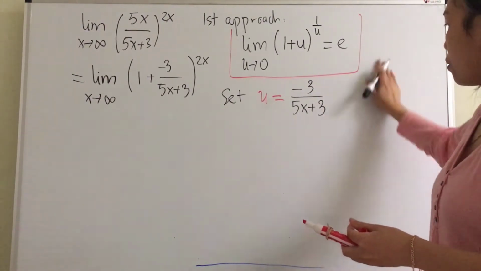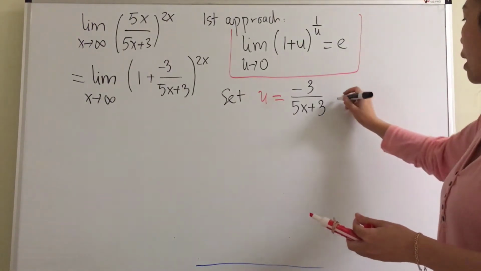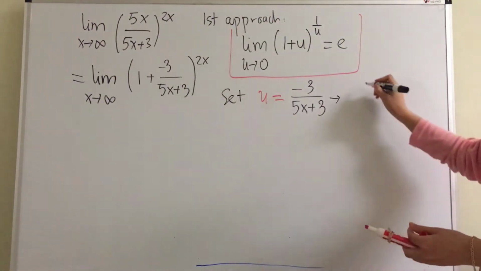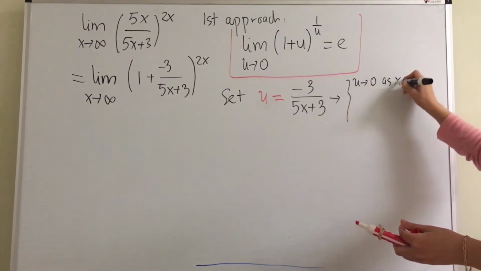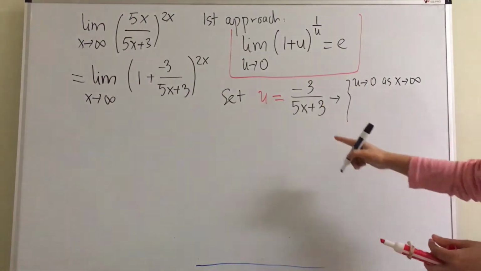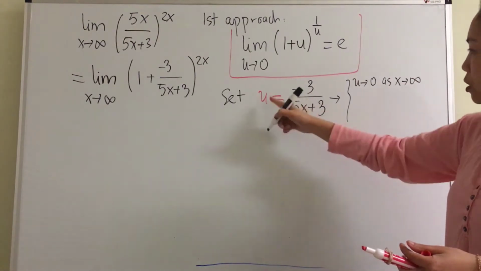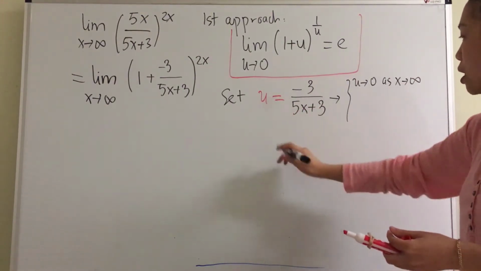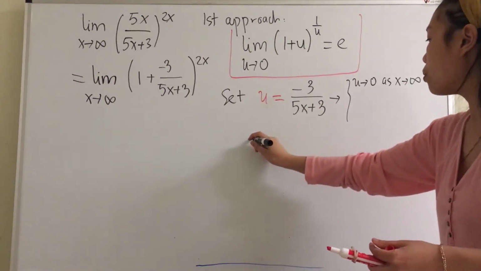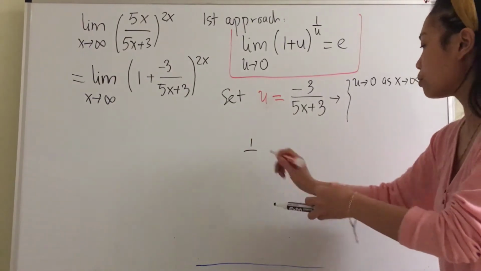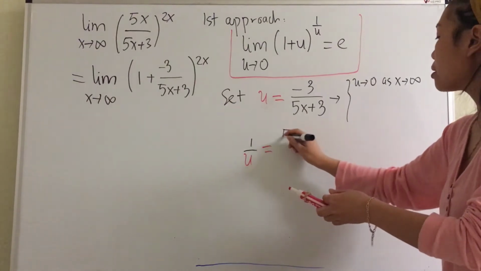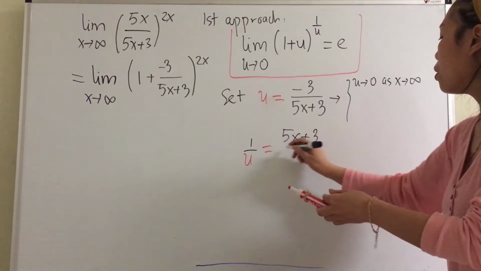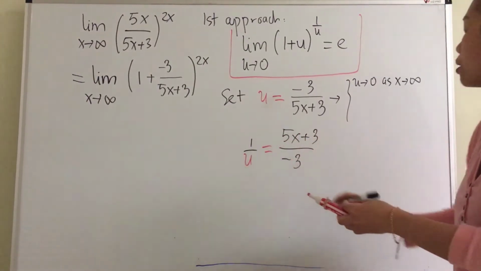So what do we have here? I have two different things here. One is u approaches 0 as x approaches infinity. And the other thing, I can solve for x from this equation, right? From this, if I flip, I get 1 over u is equal to 5x plus 3 over negative 3, right?